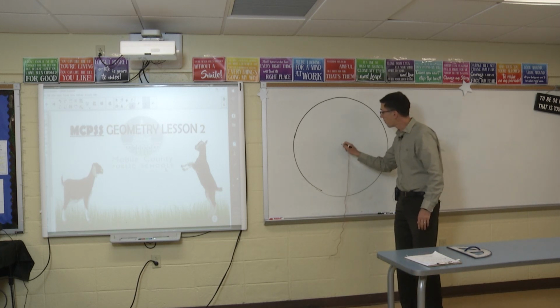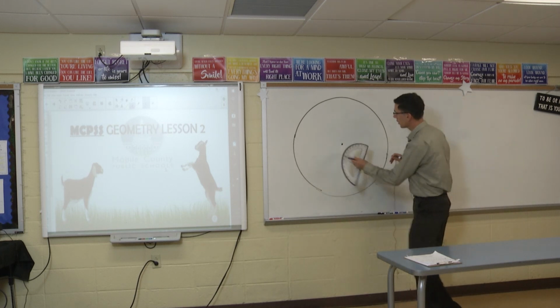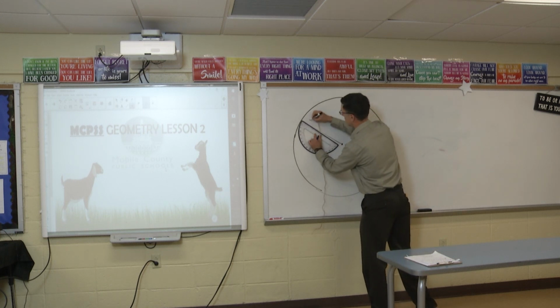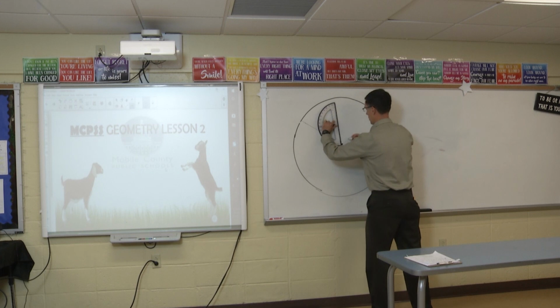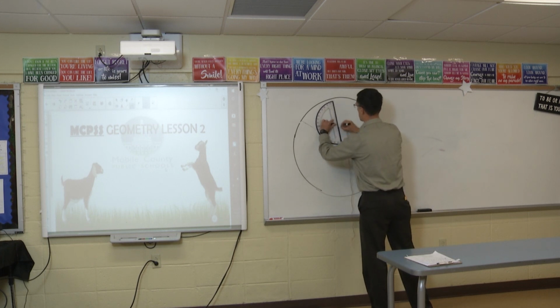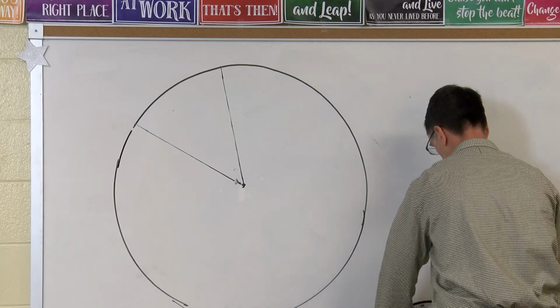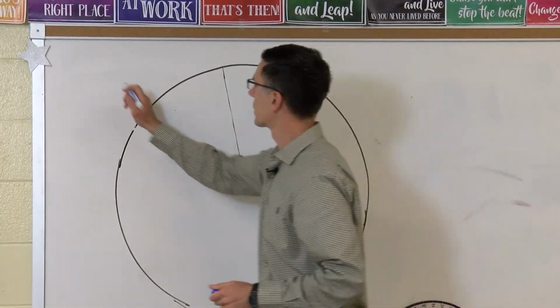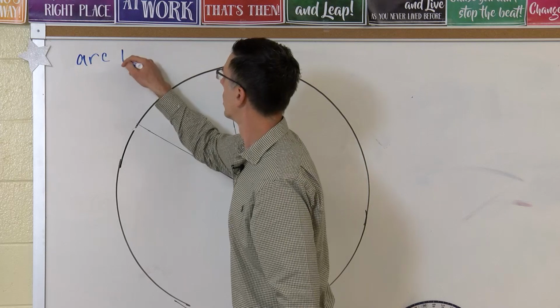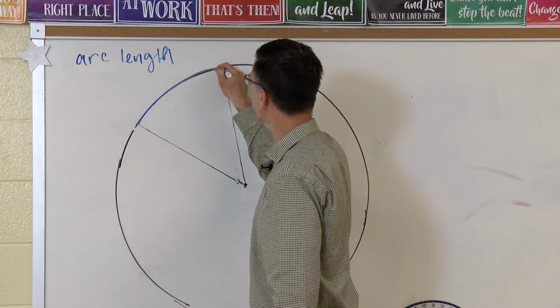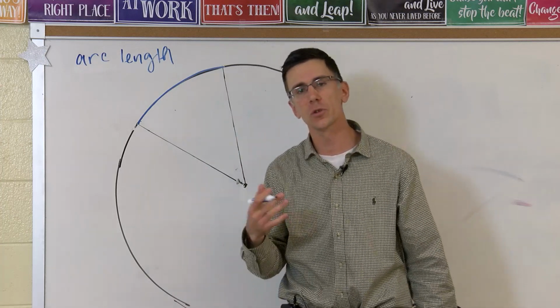Now, from last week, we looked at the arc length of a circle. For that arc length, we were looking at a portion of the circumference of a circle.